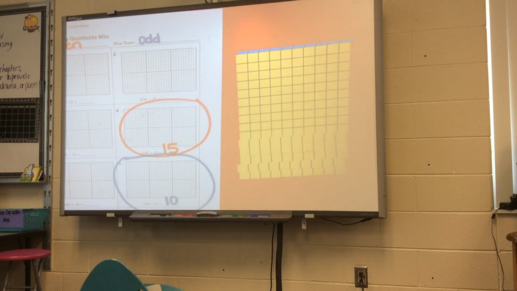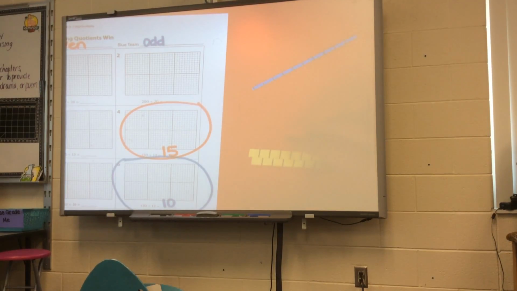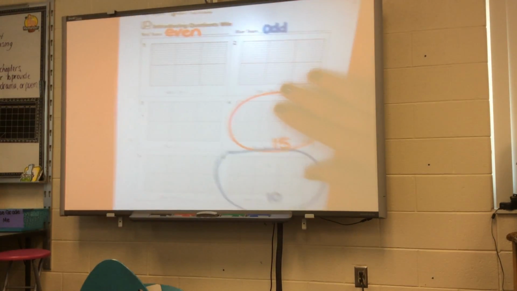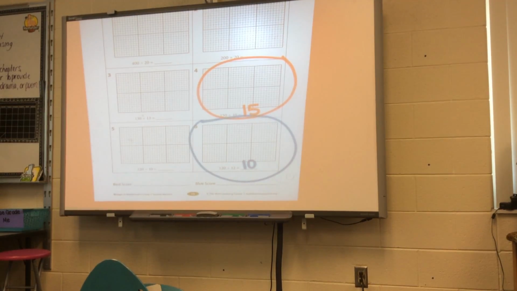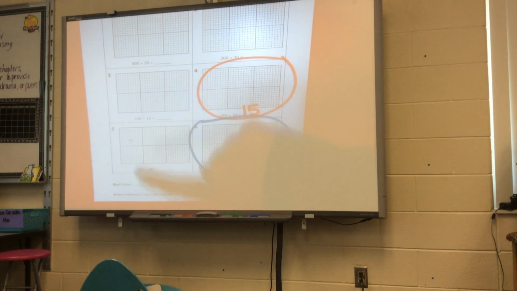We are going to keep playing until both teams have done three problems on here. So every problem is filled up. Then to decide who has won, I am going to count up my score. So if I'm the red team, I would add 15 plus whatever else, my other two numbers, and I would write my total down here, write my sum.